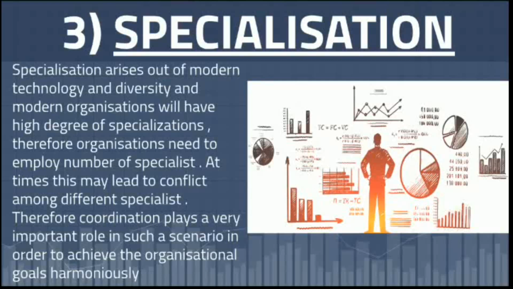So to bring together the approaches of the specialists in order to avoid conflict among the specialists of different departments and functions, we need coordination here so that everything goes on smoothly and the goal or objective of the organization is achieved harmoniously. These are the three very important points to explain the relevance, necessity or importance of coordination: growth in size, functional differentiation and specialization.